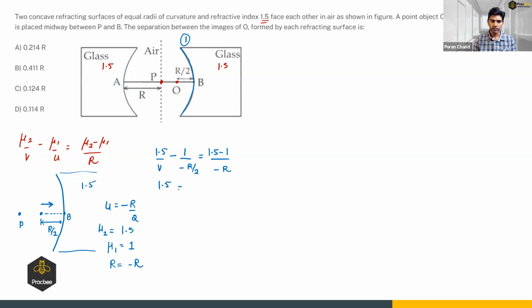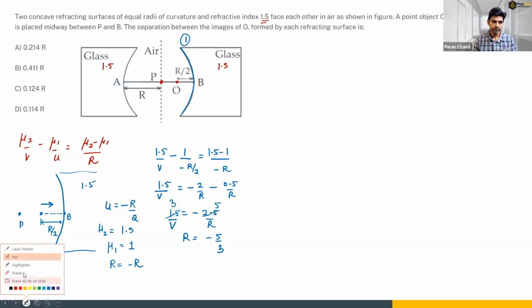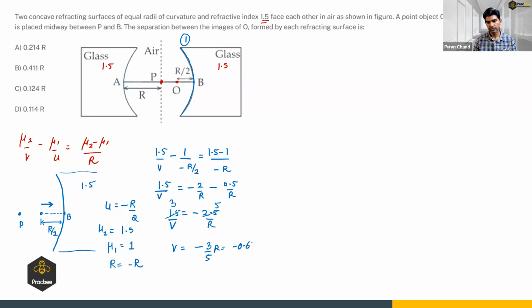So 1.5 by V is equal to minus 2 by R minus 0.5 by R. So that will be minus 2.5 by R. So V will be minus 3 by 5 R. Sorry, here it is V. So that will be minus 0.6 R, right?